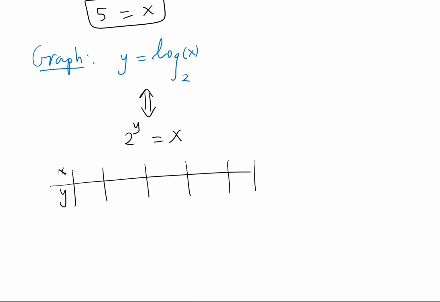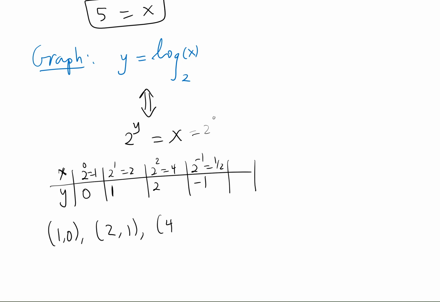And how do we solve this? We get x values in a smart way. I'm going to pick 2 to the 0, because then y is 0. Pick 2 to the 1, y is 1. 2 squared, y is 2. 2 to the negative 1, y is negative 1. So this is 1, this is 2, this is 4, this is 1/2. The points are (1, 0), (2, 1), (4, 2), (1/2, negative 1).